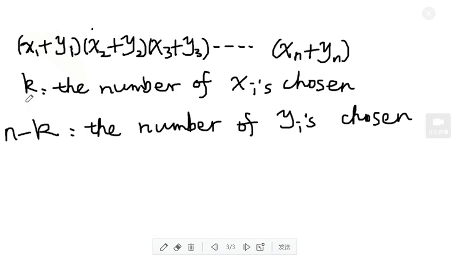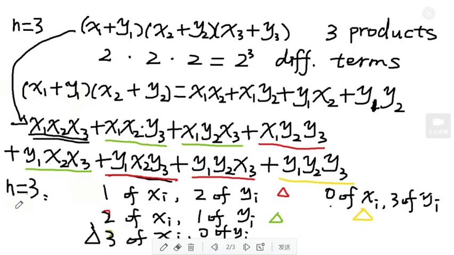For example, your k is 1. This is the case when your k is 1, okay? I just come back and forth because n is 3, it's easy to understand. So the red color is when k is 1. We have 1 xi and we have 2 yi's, right?